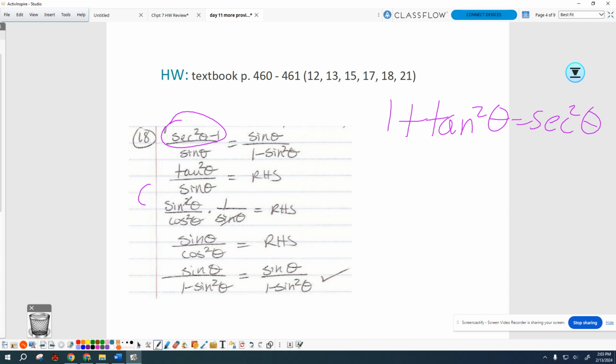So that says secant squared minus 1. Subtract 1 from both sides of the identity that we give you. So secant squared minus 1 is tangent squared. So that's how we did this step. Secant squared minus 1 got taken away, and its equal amount was put in.